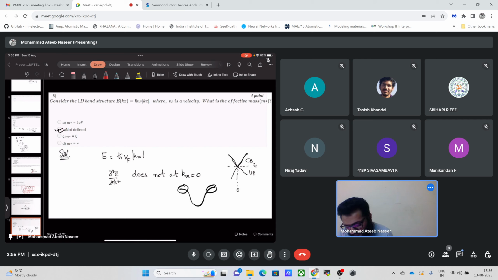We say that this material in the vicinity of, for example, the conduction band minimum, CBM, is parabolic in nature, as a result of which I try to fit it with some parabola. Let's say I have fitted it with some parabola like this or like this.